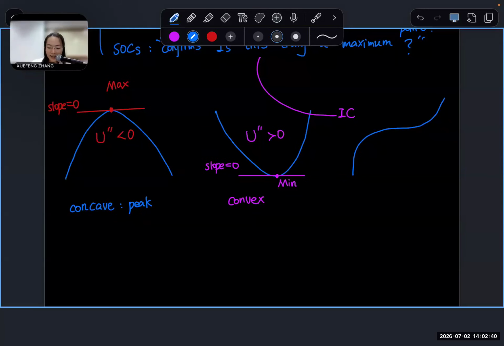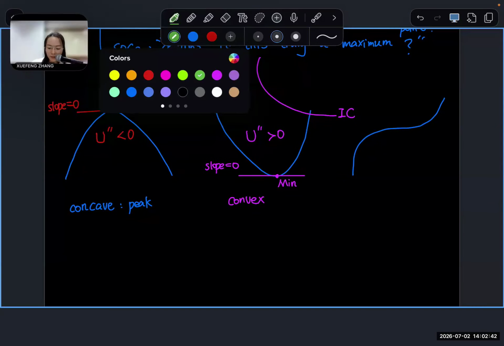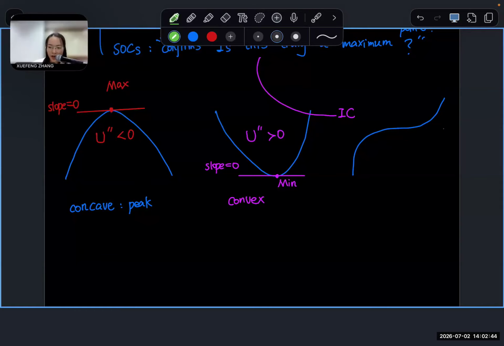Another case is a shape that increases and then decreases in slope. If we take the first order condition, it just tells us the slope equals 0, but it's not a maximum or minimum.